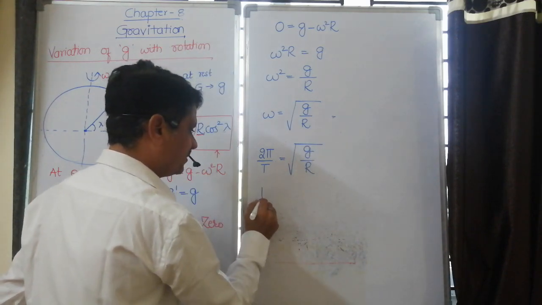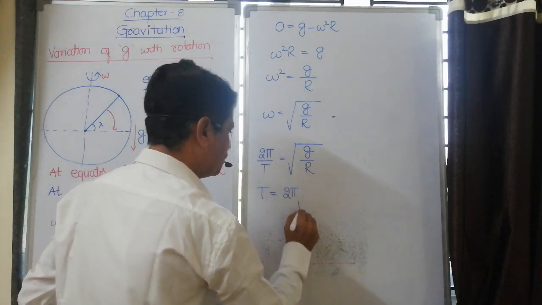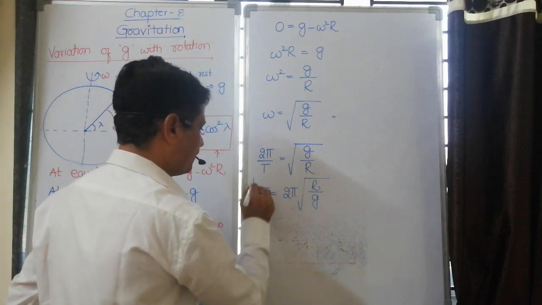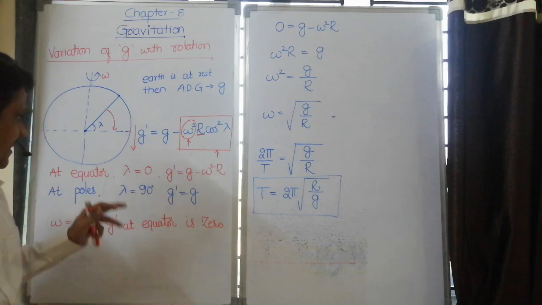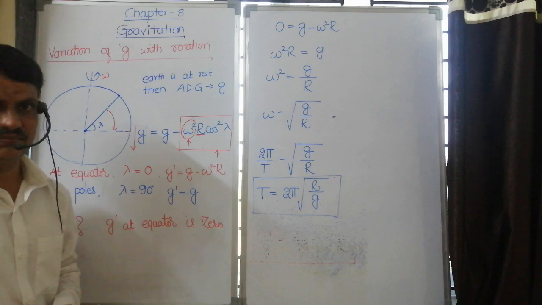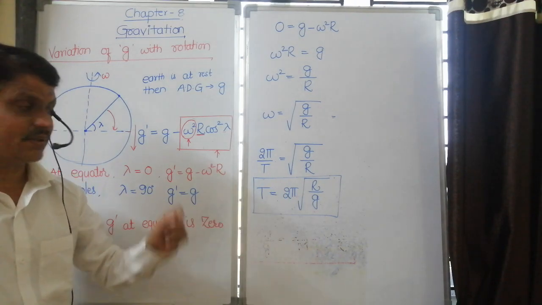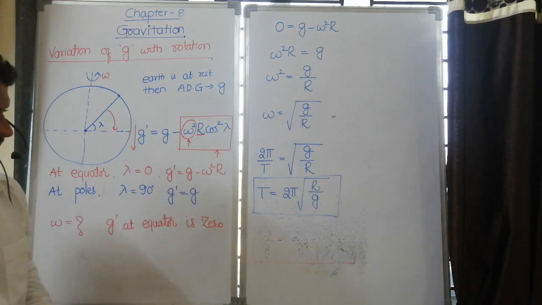If you reshuffle, you get T is equal to 2 pi under root of r by g. This is an expression for the time period for zero acceleration due to gravity at equator. Try once for a few minutes. Pause the screen and try.